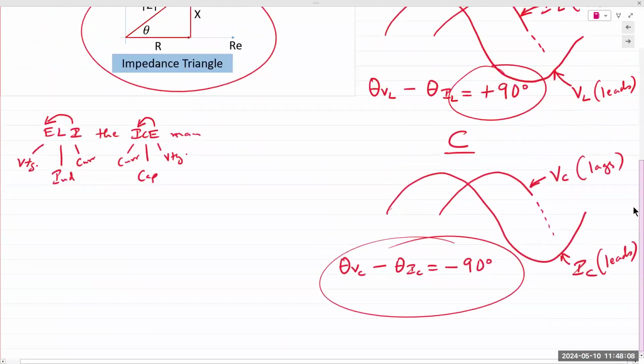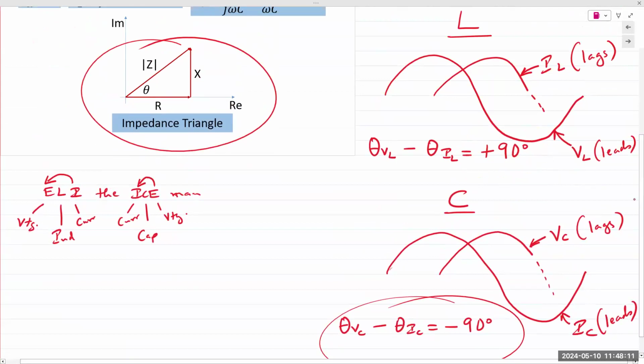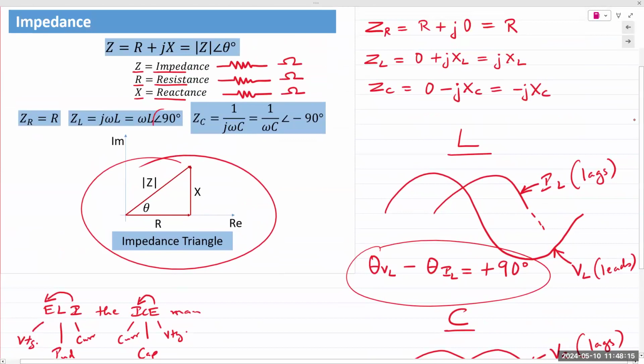And so the impedance angle for an inductor is always positive. For a capacitor it is always negative. Plus 90, minus 90, always. If you recall back to chapter 3, I introduced these two components by saying they're very similar to each other, but in many ways they're also exact opposites. And that's where this is going to be very useful.